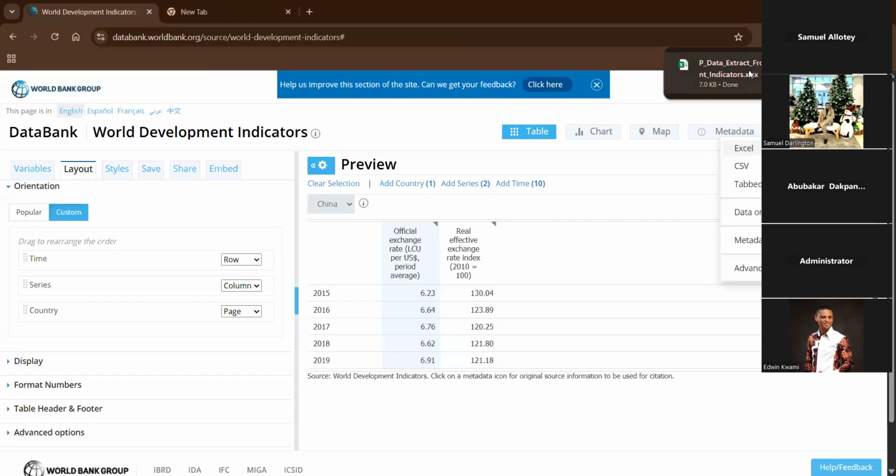Okay, so I think it has finished downloading. I don't know if you can see it. Please, can you see the Excel sheet? I've opened an Excel sheet. Please, can you see it? No, please. From my end, I can't see it too.